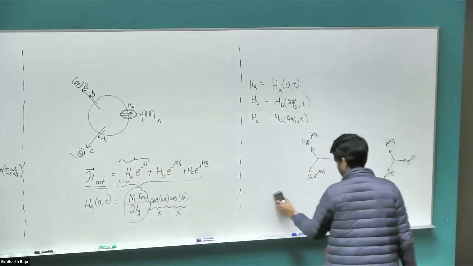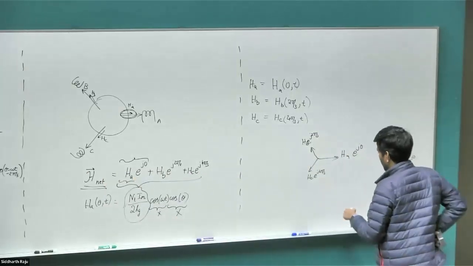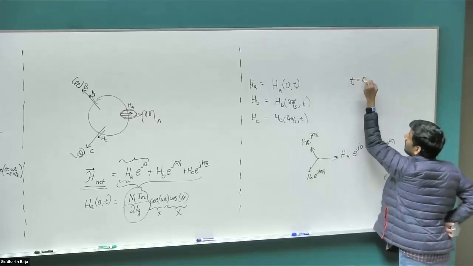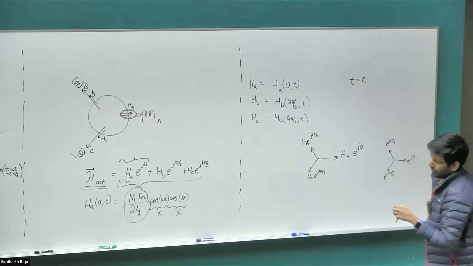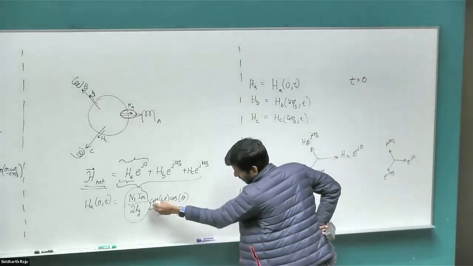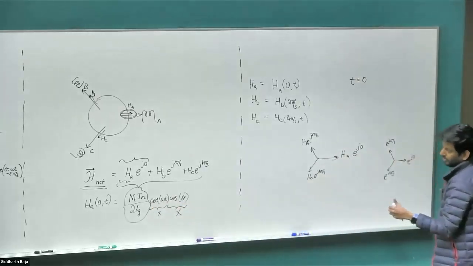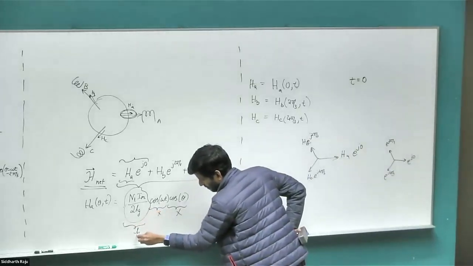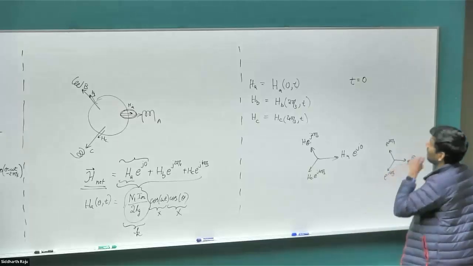So let's take some values. Let's say at time t equal to 0, you plug in these values. So you're going to get the maximum. So let me call this term some value k, some constant.